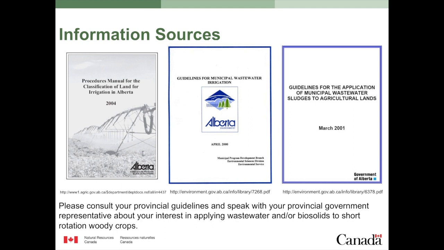So there are several sources in Alberta of information that you can go to find out what's required before you could irrigate or apply biosolids. The people that work with sludges are probably very familiar with that. The irrigation manual gives you details of what the limitations on water and soils are, and then this manual talks about the site characteristics and whether or not your site is suitable for irrigation.